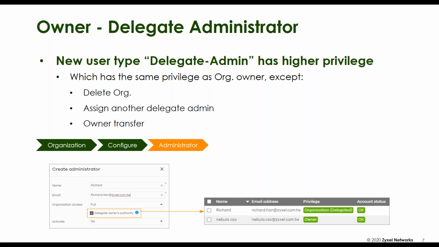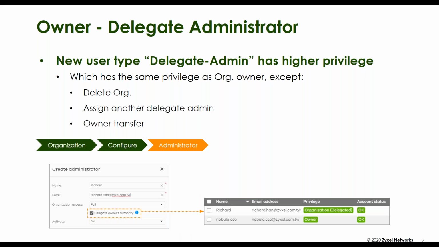So what we've been able to do is create a delegate admin who has higher privileges. In essence, it's exactly the same as an organization owner, except you don't have the ability to delete an organization, assign any other delegate administrators, or change the owner transfer. Basically, they get full rights to do everything except for relinquishing the ownership of the actual organization. So again, you're able to provide more administrators with more functionality without removing yourself as the owner.